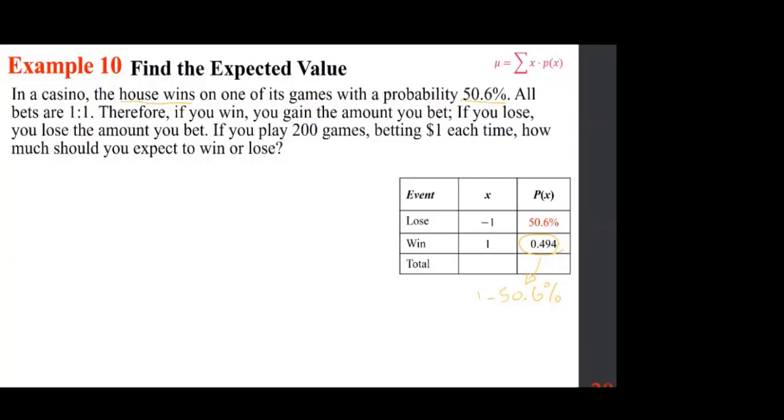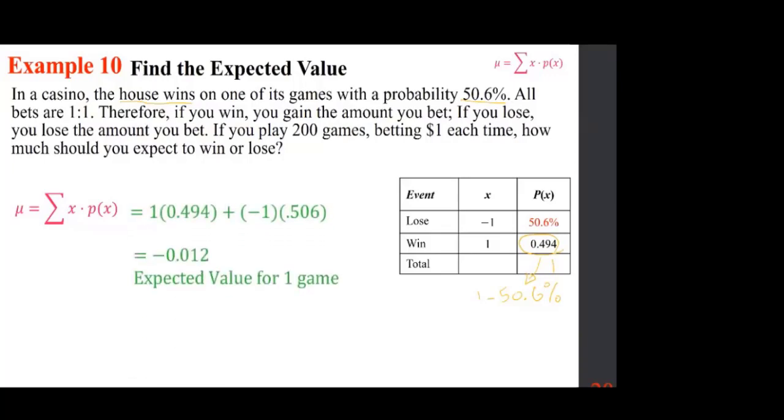All right, so we calculate mu, summation of x p of x. We multiply the first column by the second column. So negative 1 times 0.506 and positive 1 times 0.494, and we add them up. And this is the amount, the expected value, the average amount, the mean for winning in the case of one game.